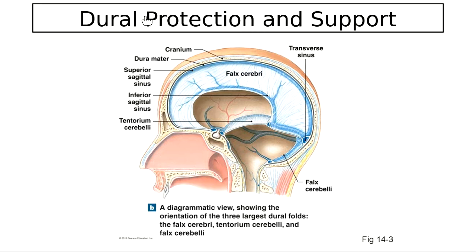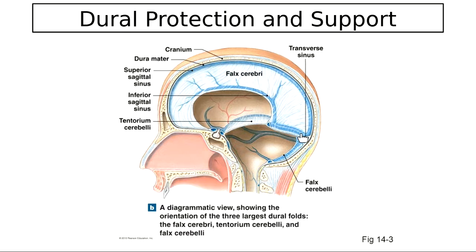The dura forms some sheets, and we'll probably talk about these again in just a minute, maybe. The one that goes down between the hemispheres is called the falx cerebri, and it helps to stabilize the brain in your cranial cavity from going left and right.